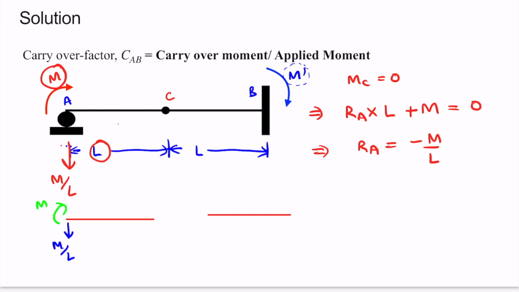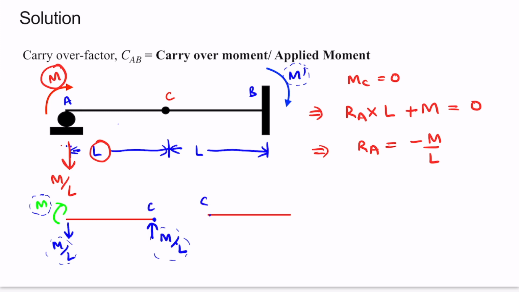Now we are balancing first the vertical equilibrium, so this point will also be M by L but in upward direction. The moment at C is 0 because these two forces are trying to rotate part AC in anti-clockwise direction, and this M is in clockwise direction, therefore it is balancing it, and hence there is no moment at this point C.